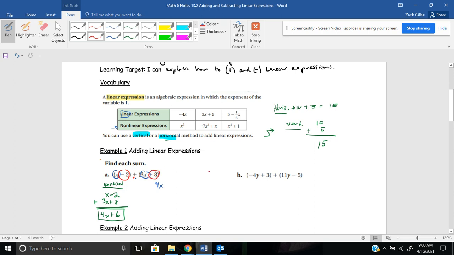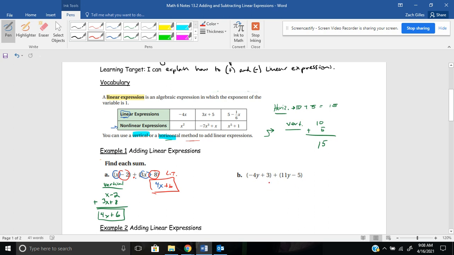So negative 2 plus positive 8 would be positive 6. Notice that we got the same answer here. When you're doing the horizontal method, you really just need to think, what are my like terms and how can I combine them? So there's an example of each of those methods for adding linear expressions.